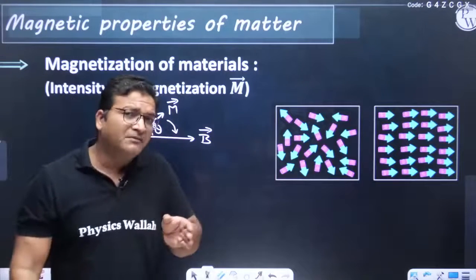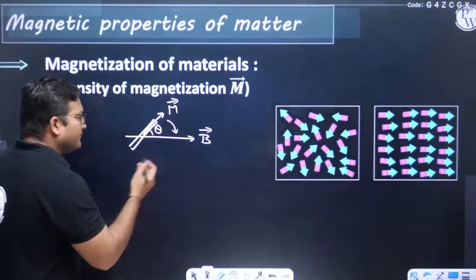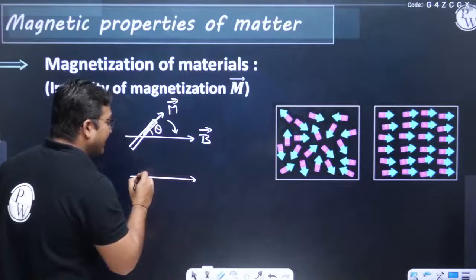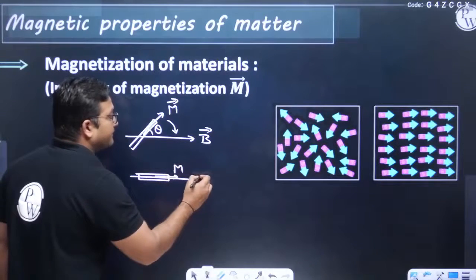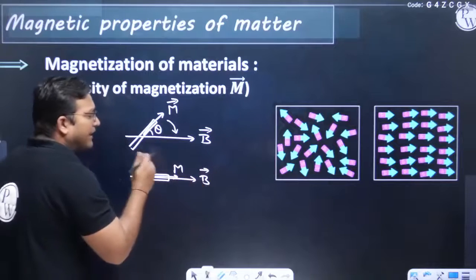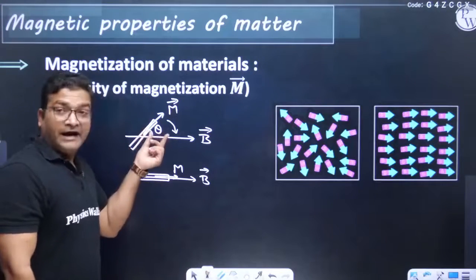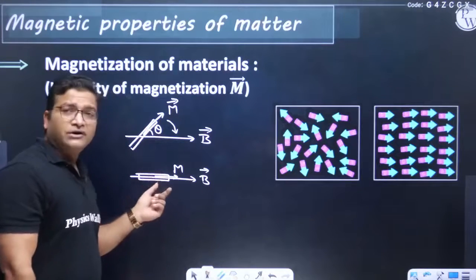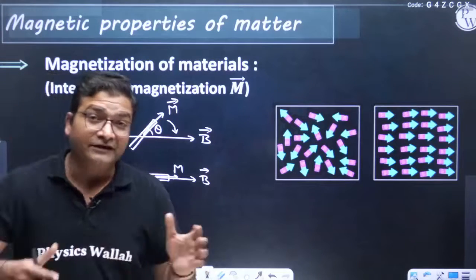If we let the magnet move freely, after a few oscillations the magnet will be aligned in the direction of the magnetic field. The value of torque is mB sin theta. When the magnet is aligned along the magnetic field, there is no torque, as the angle between the m and B vectors becomes 0, so sin theta becomes 0.